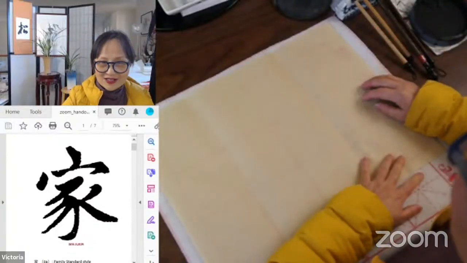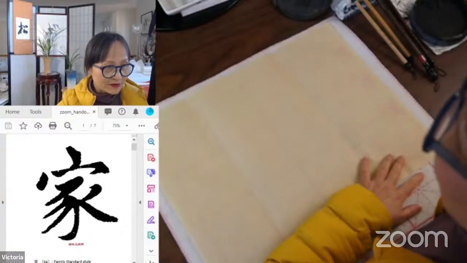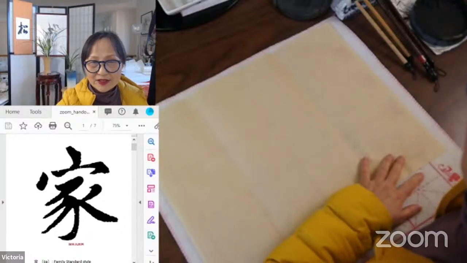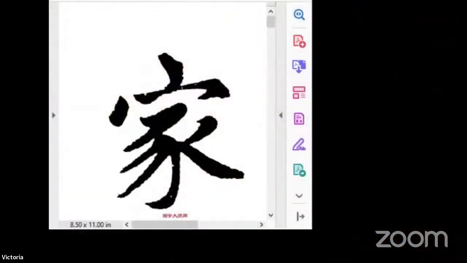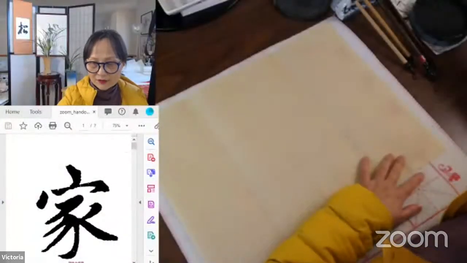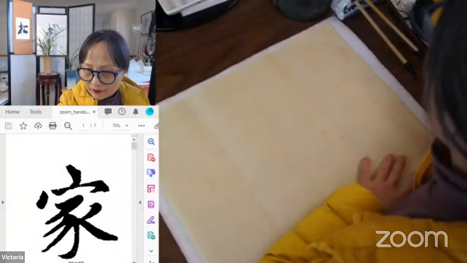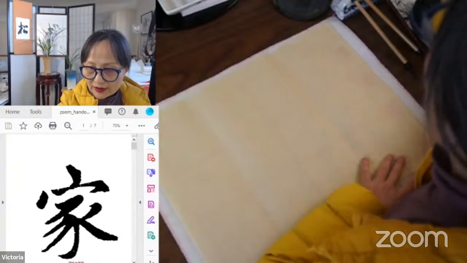Okay, let's start today with two characters. Let's start with the family character first. See the handout, the family from the standard style first. I always try to demo this first.